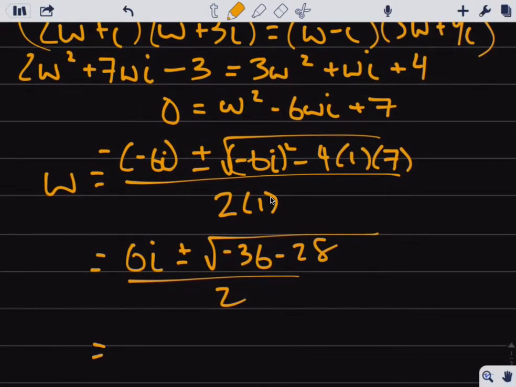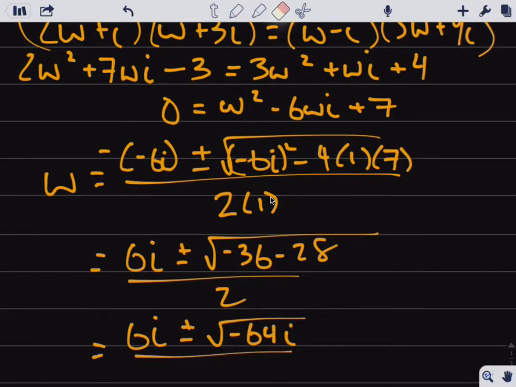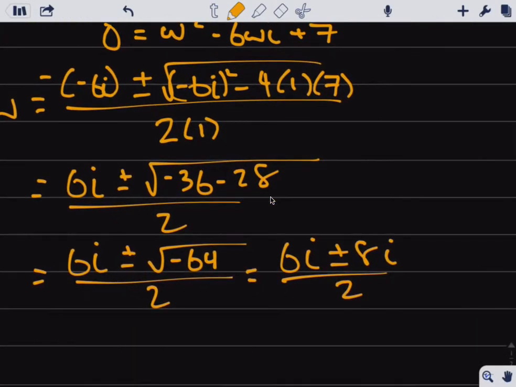Alright, and so 6i plus or minus the square root of negative 64, excuse me, not i yet, over 2, and that's actually nice. 6i plus or minus 8i over 2.